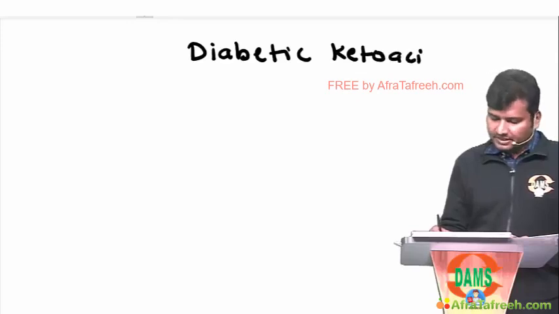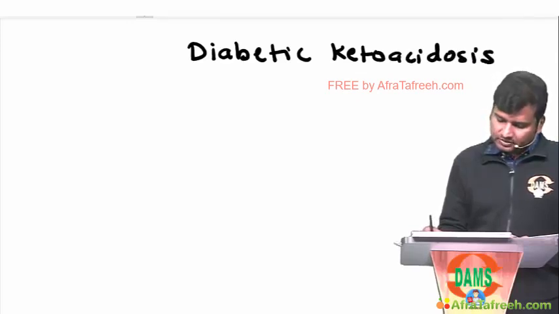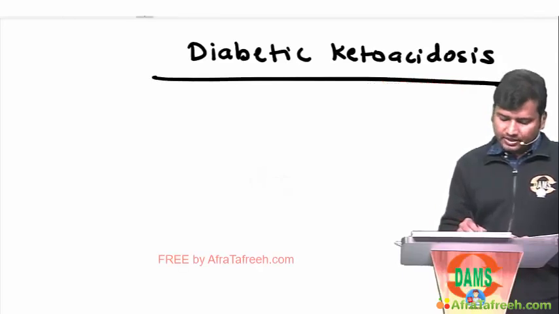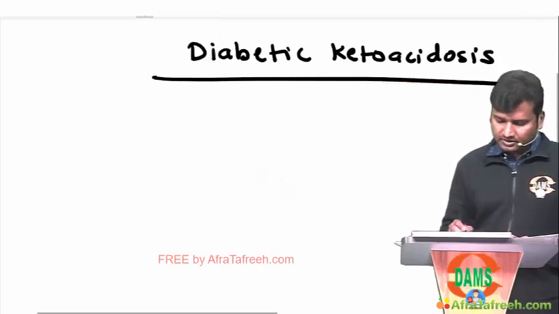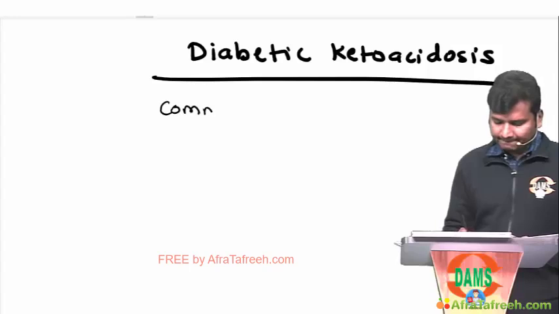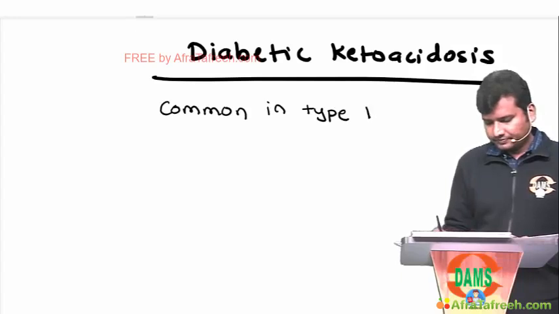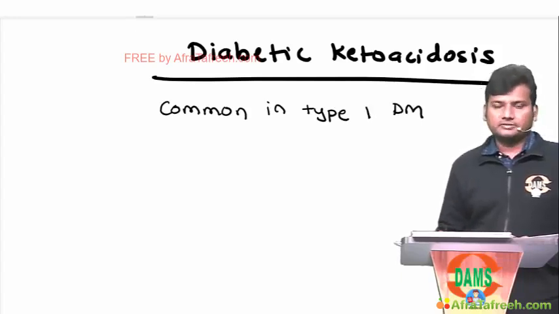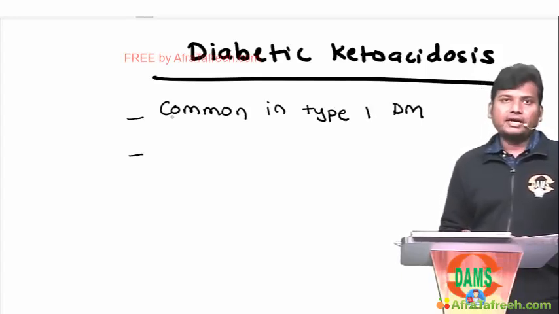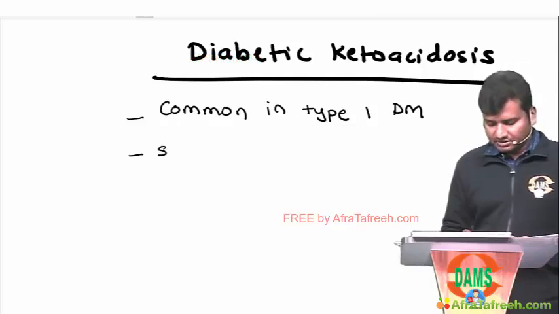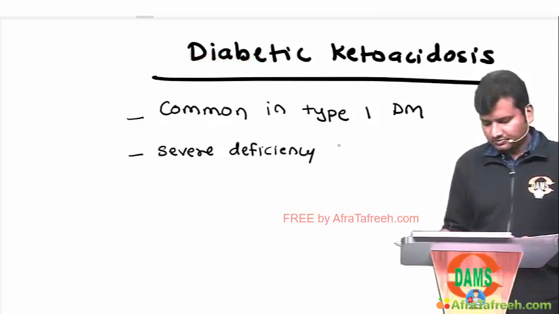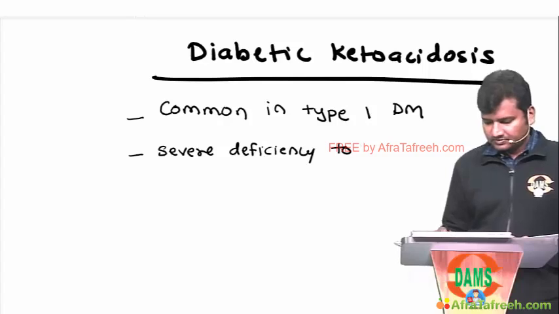Diabetic ketoacidosis is common in type 1 diabetes. The reason is that type 1 diabetic patients have a severe deficiency of insulin.